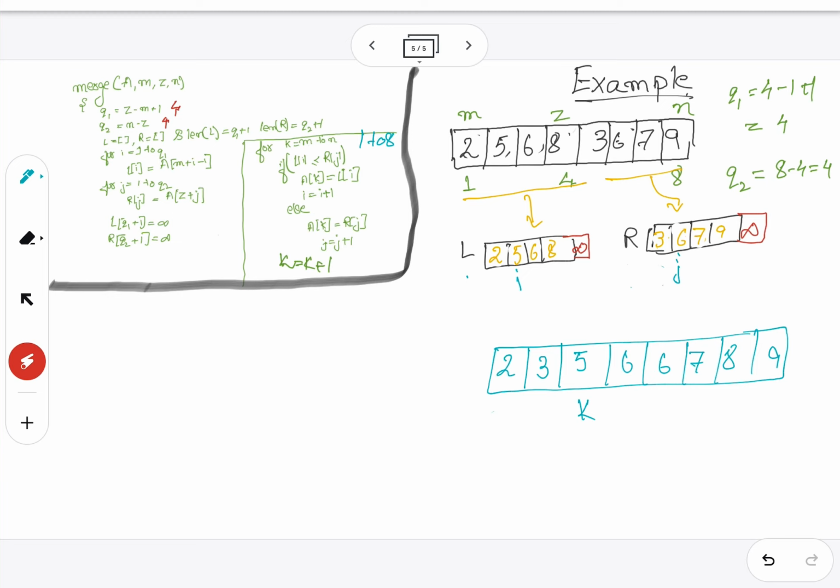Now let's discuss some properties associated with this part. Let's say the size of the array is 10, and then we subdivide it into two. This is the extra thing that we are putting down.